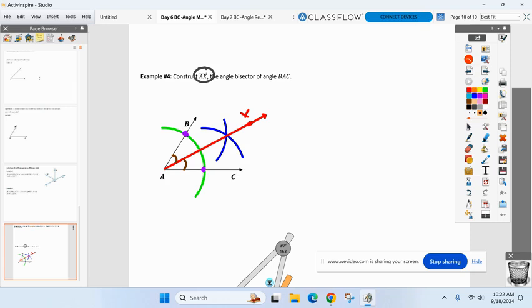So this is an angle bisector, your fourth construction you've learned already. Fourth.